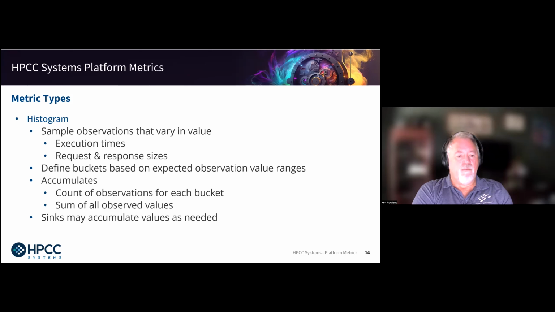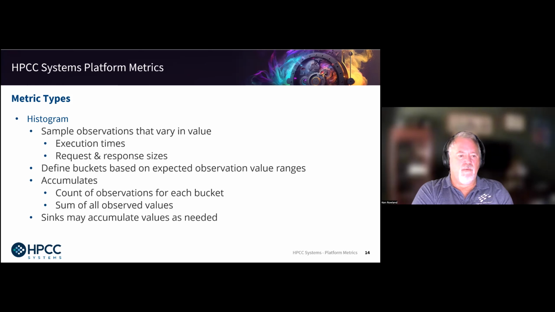A point to note is that in each bucket, it's just a count of observations that fall into that bucket, but there's a sum of all. So you can still accumulate as needed, and the sink might accumulate these values differently than the way we record them, because the collection system itself requires histograms to be reported in a different way.